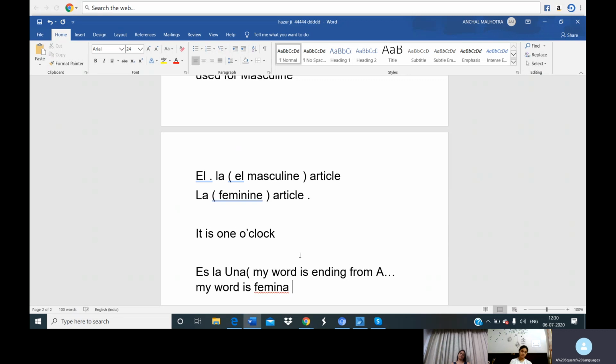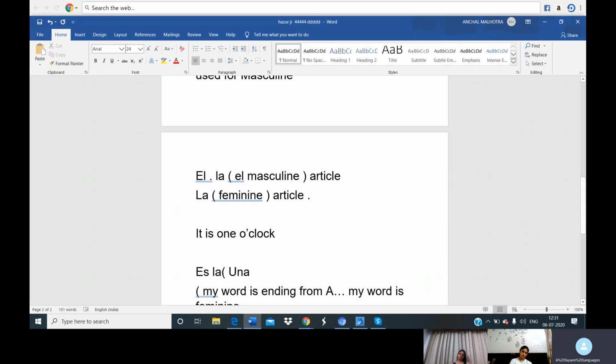Is that clear to you? We have uno as one, but the moment I come back to the pattern of timings, we use "una". So it is 1 o'clock, so I will use "es la una". Why la? La is my feminine.